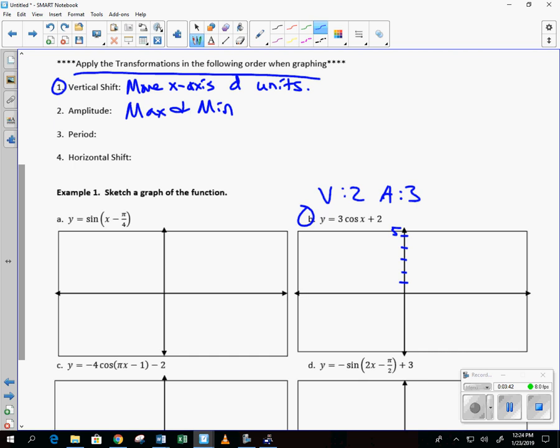Can anybody tell me what the minimum value is going to be? -5 is the most common response. Unfortunately, it's not correct. -3 is also a very common response. Unfortunately, that is incorrect. -1. Noah, can you tell us how you came up with -1? So from the vertical shift, you moved up 3 and down 3.